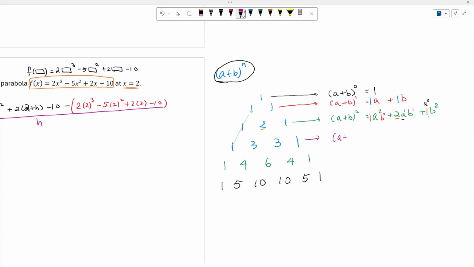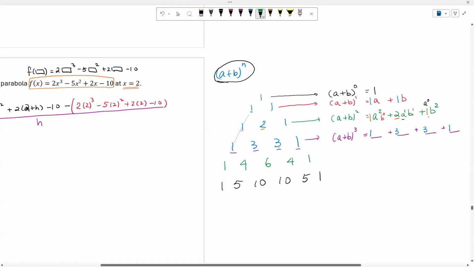So I will have a plus b to the power of 3. First of all, I know that I'm going to have 4 terms. And the coefficients of these 4 terms will be 1, 3, 3, 1.